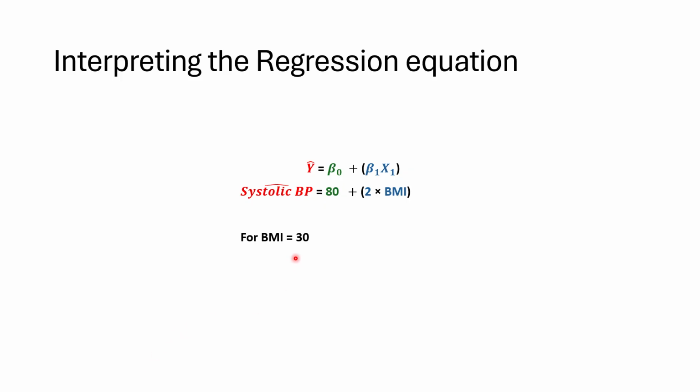For example, for a person with a BMI of 30 units, the systolic blood pressure is predicted to be 80 plus 2 times 30, which comes down to 140 millimeters of mercury.